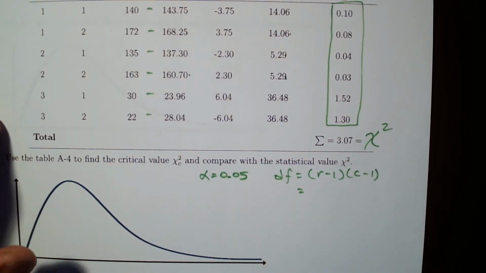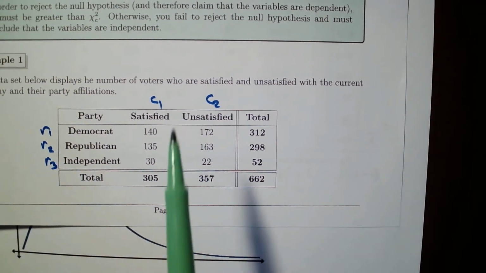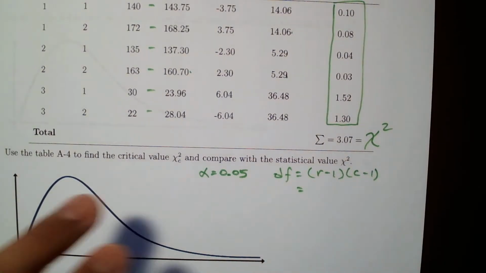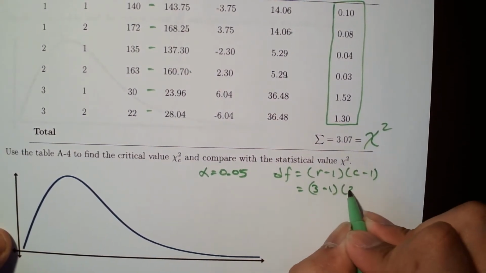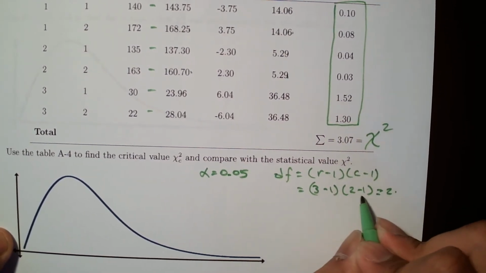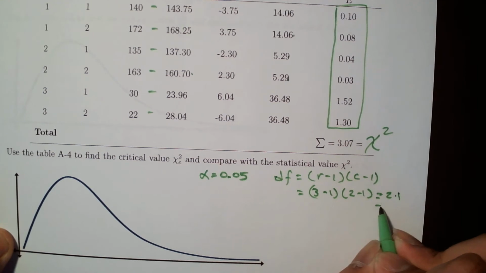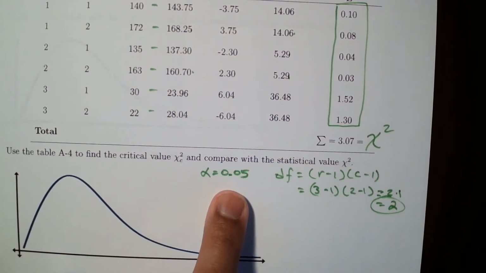How many rows do we have in our contingency table? Well, we have 3 rows. And how many columns? Well, we have 2 columns. So 3 minus 1 times 2 minus 1, which is 2 times 1, which equals 2. So 2 degrees of freedom with alpha 0.05.